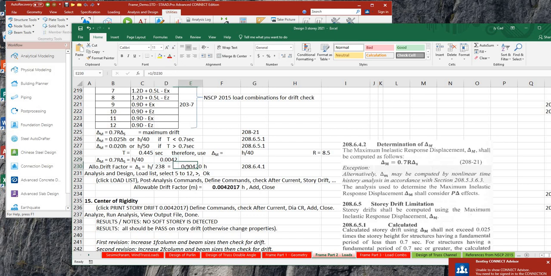So, this is what we will input into STAAD. And take note that this is dependent on our structure period T. It is not dependent on H, it is dependent on the structure period T. Okay, now let's get the decimal place of this.